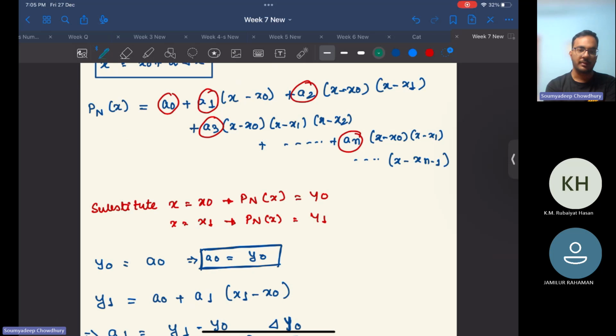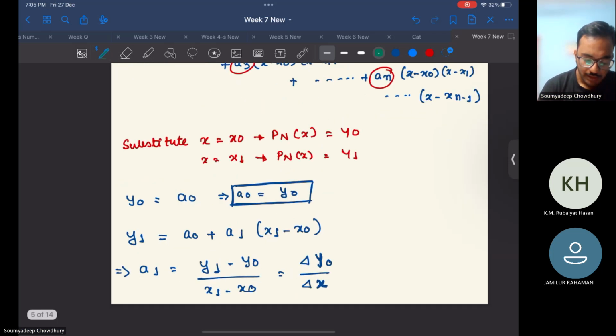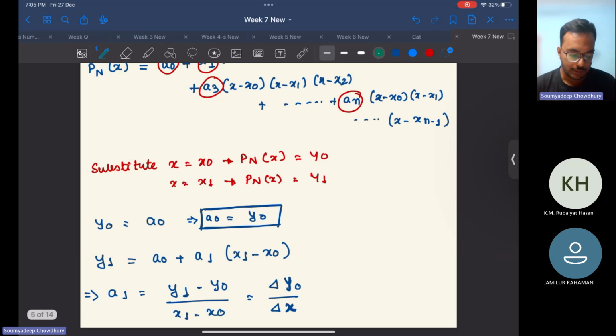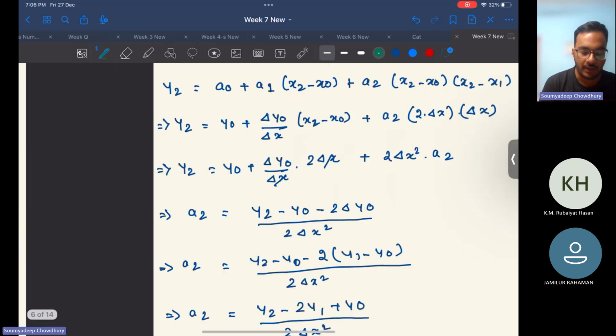Only the first two terms will remain, all other terms will cancel and go to 0. Thus a1 will be equal to y1 minus y naught by x1 minus x naught. So y1 minus y naught is del y naught, and x1 minus x naught is del x naught. So we can find the values of a naught and a1 like this.